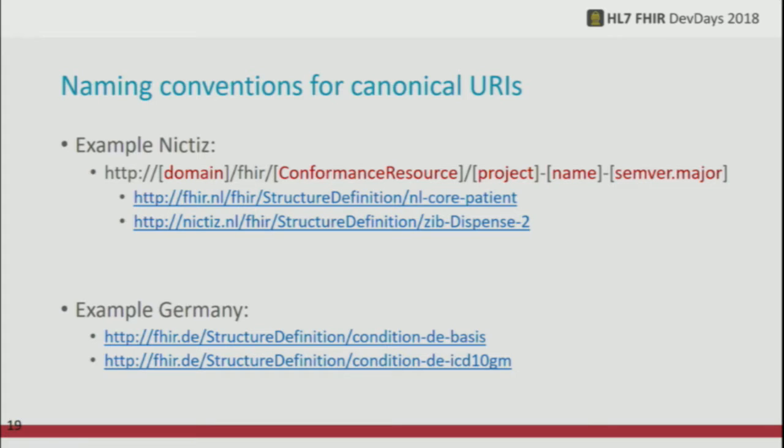And we have some of our detailed clinical models. This is one for dispense, which is for NICTIZ, our national standardization organization. So it has NICTIZ.nl/FHIR/structure definition/zib, which stands for the detailed clinical model, called dispense, and it has version 2 right now.